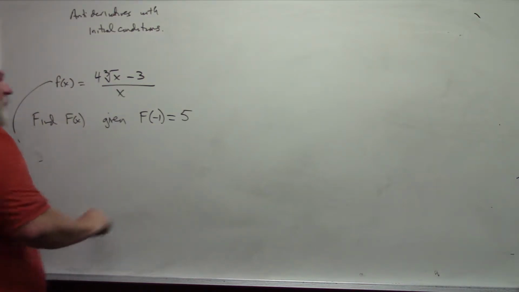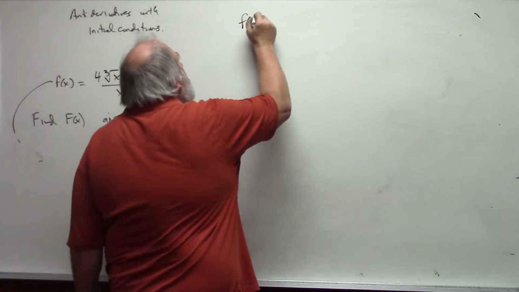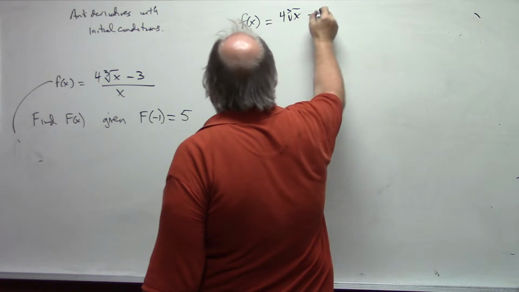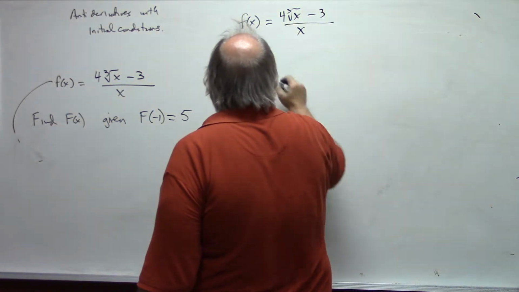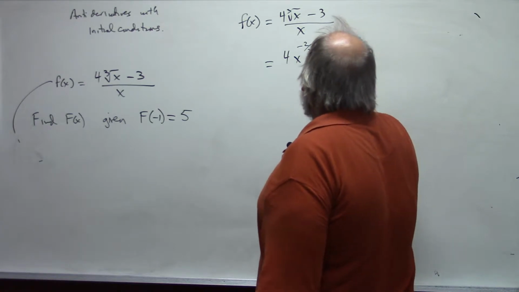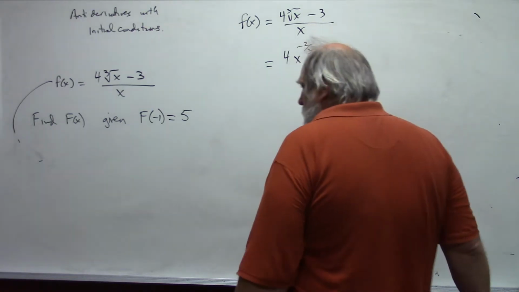So actually, let me just go over here. f of x is equal to 4 cubed root of x minus 3 over x. This is equal to 4x to the -2/3 minus 3 over x, doing some algebra.